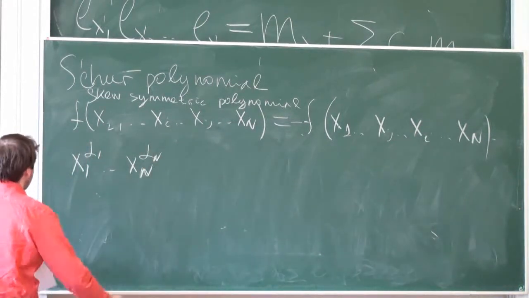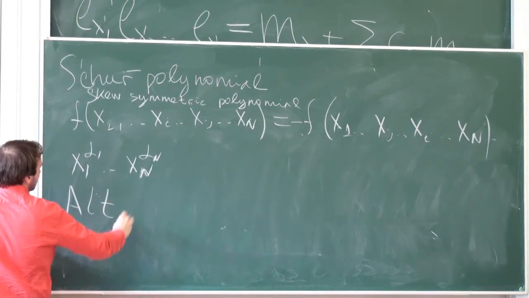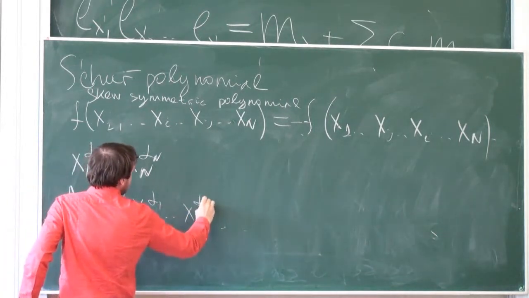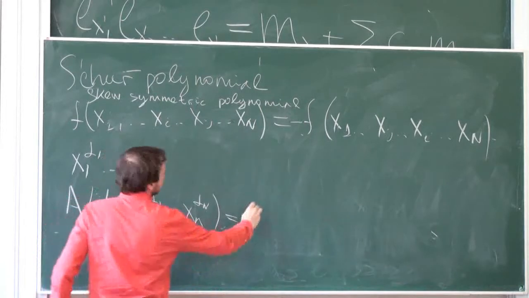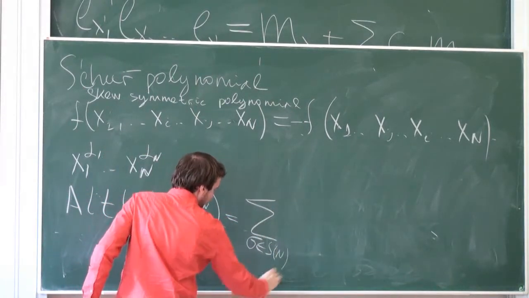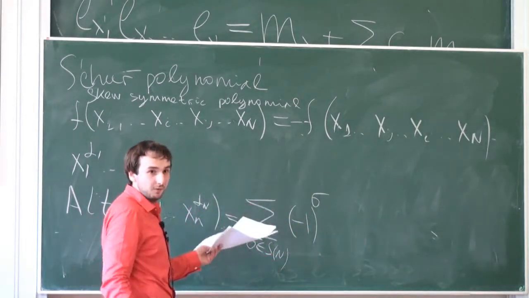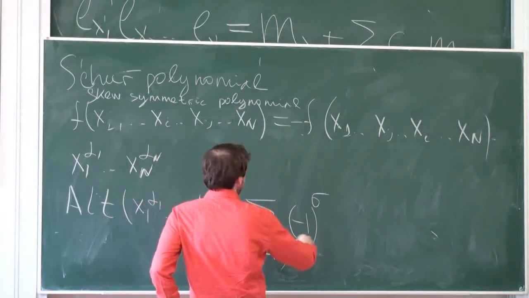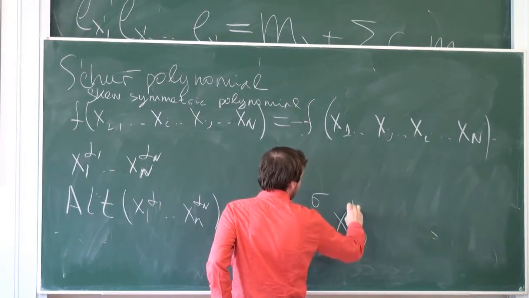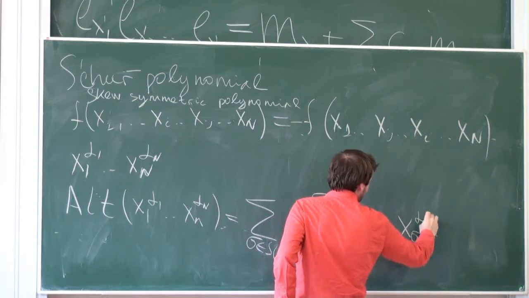Then you consider what we'll call the alternant of this monomial, which is defined as a sum over all permutations sigma of n elements of minus 1 to the number of inversions in this permutation times x sigma(1) to the alpha 1 through x sigma(n) to the alpha n.